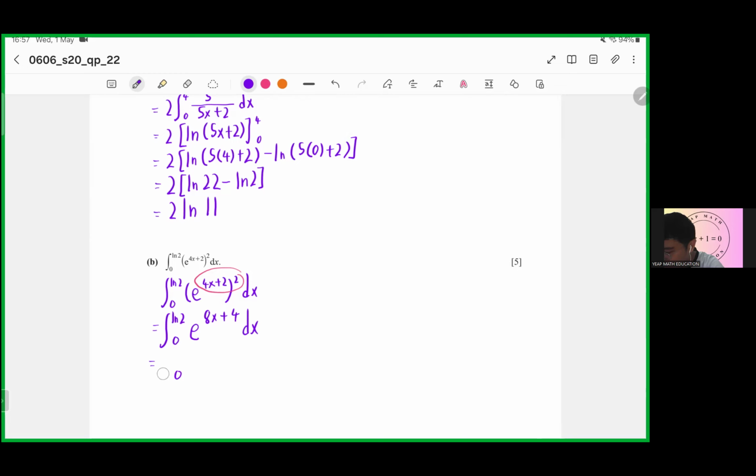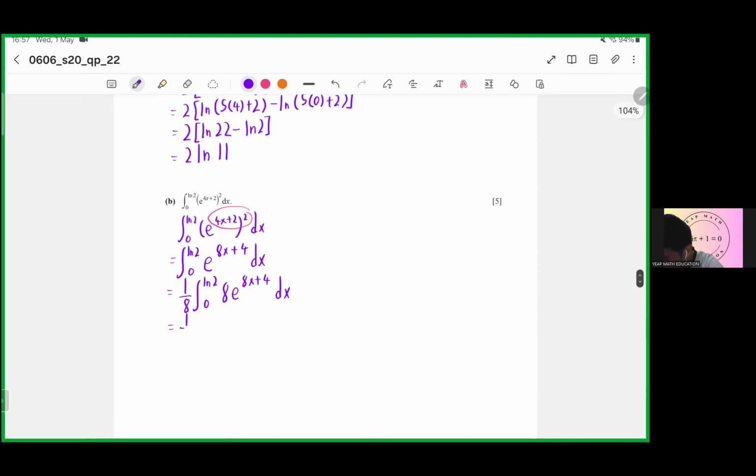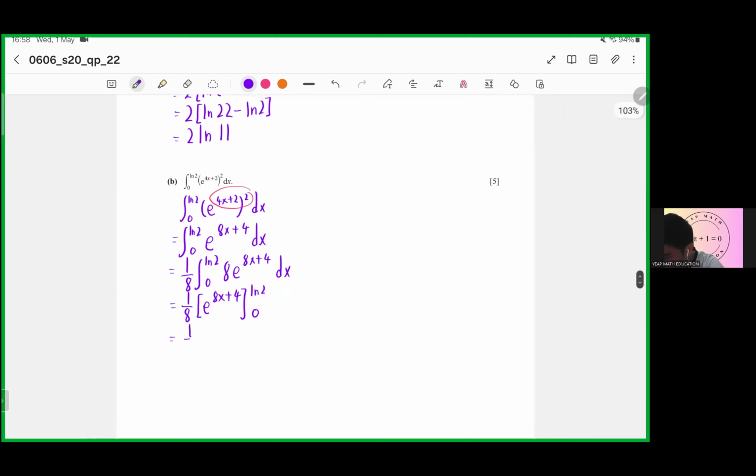So integrate from 0 to ln 2. Here I put 1 over 8, the integral of 8 e to the power of 8x plus 4 dx, which equals 1 over 8 times e to the power of 8x plus 4, from 0 to ln 2. So we write it as 1 over 8 times e to the power of 8 ln 2 plus 4, minus e to the power of 0 plus 4.